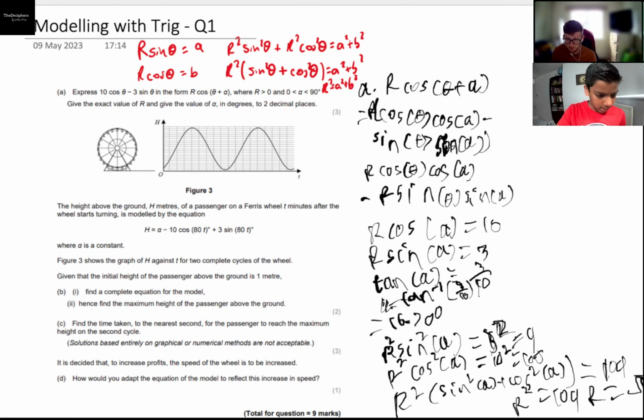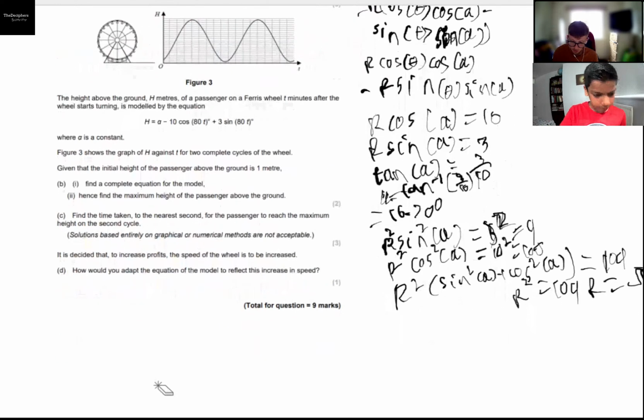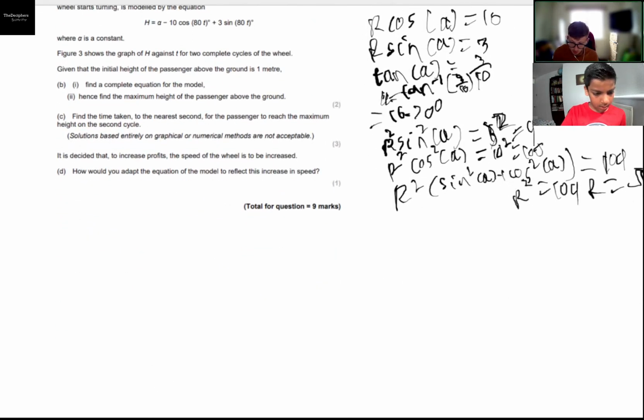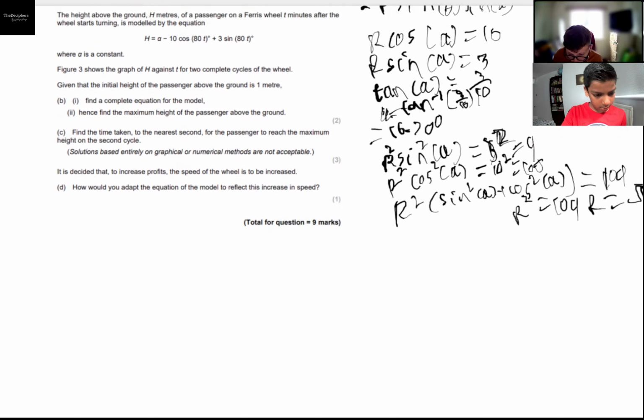And for part B, it says the height above. So make sure, have you written your final answer in the right form? Because we're going to use it in a second, so maybe just write it underneath the question, and then we'll use it for the next part.